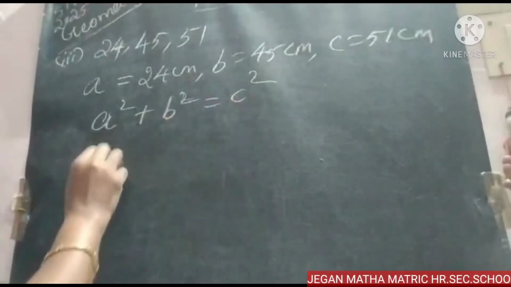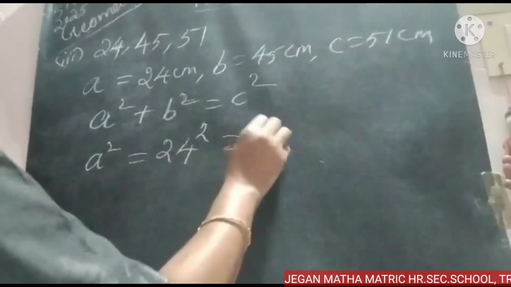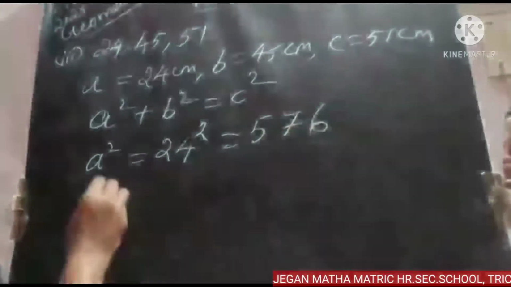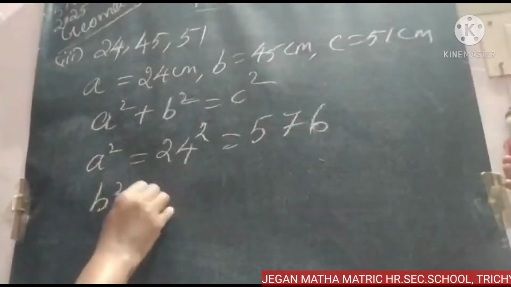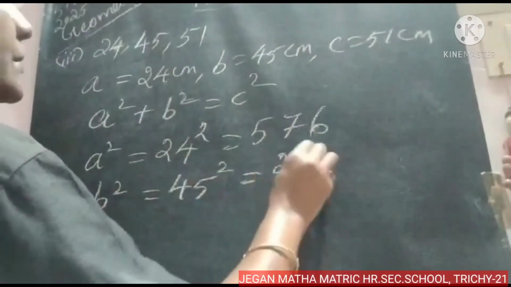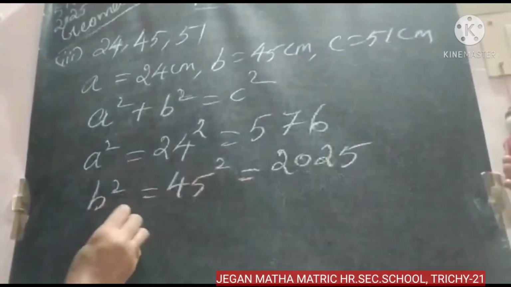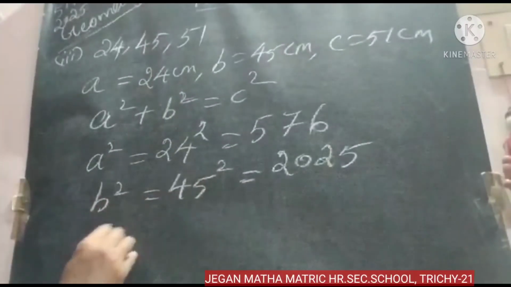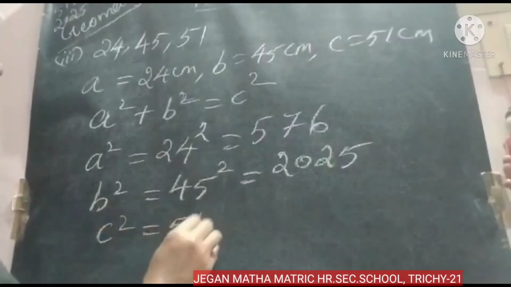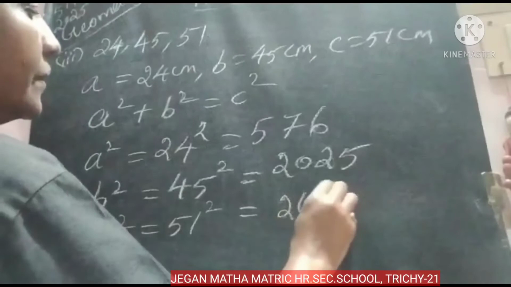Now you have to check it. A square equal to 24 square, that is 576. Next B square, that is 45 square, equal to 2025. Next C square equal to 51 square equal to 2601.